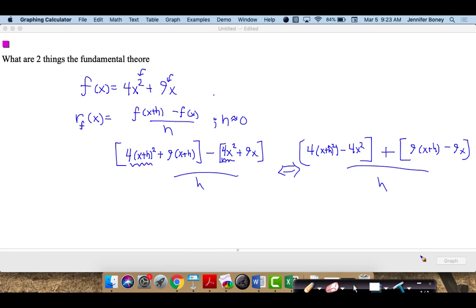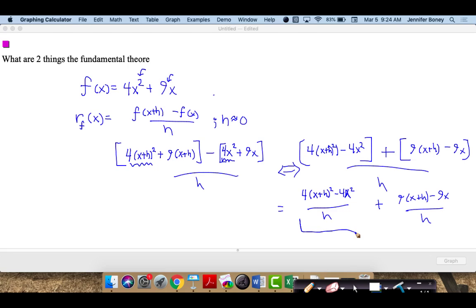And according to how we work with fractions, I've got 4 times x plus h squared minus 4x squared all over h, and 9 times x plus h minus 9x all over h. Those two fractions with the same denominator, if I added them, would be the same as the one above.